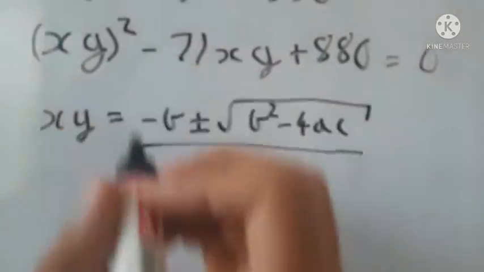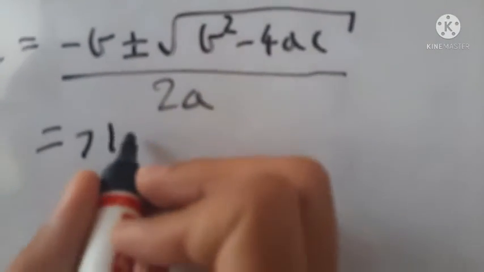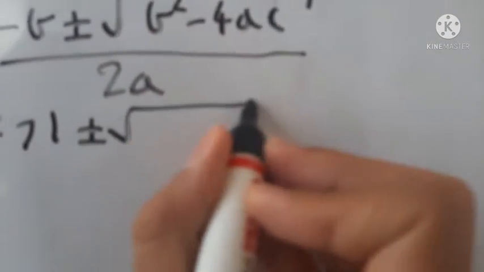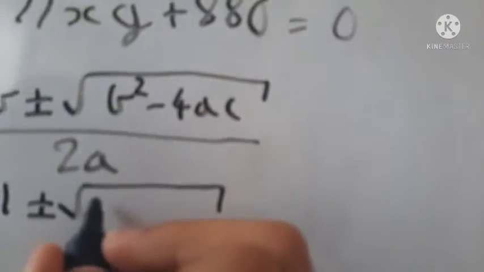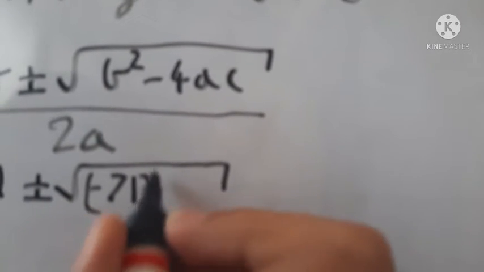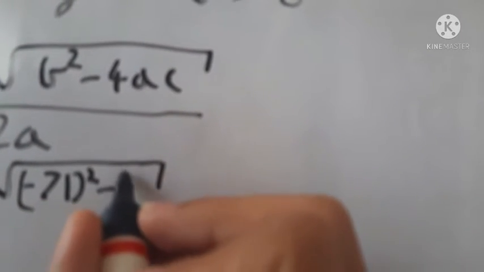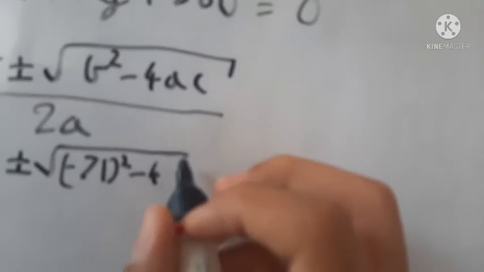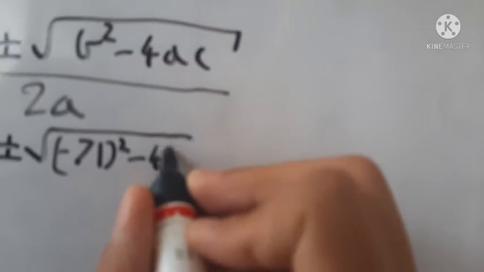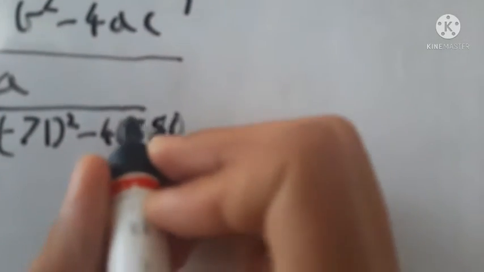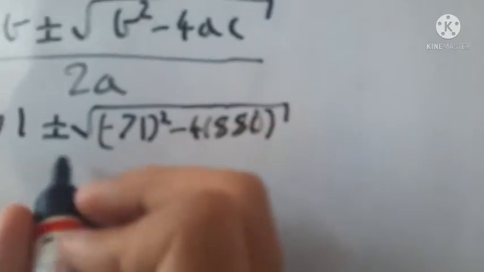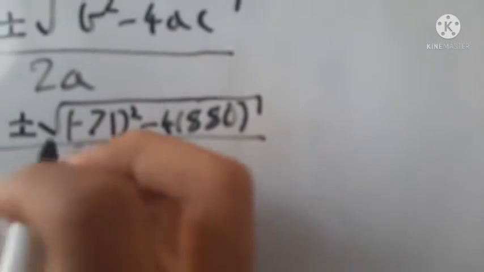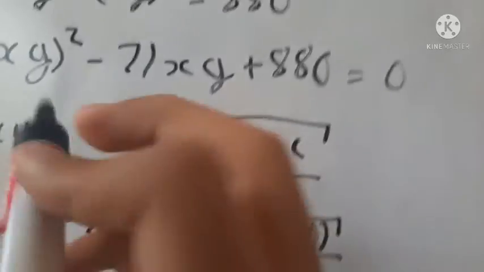So b is minus 71, so we get 71 plus or minus the square root of minus 71 squared minus 4ac, where a is 1 and c is 880, and this is all over 2 because a is 1.